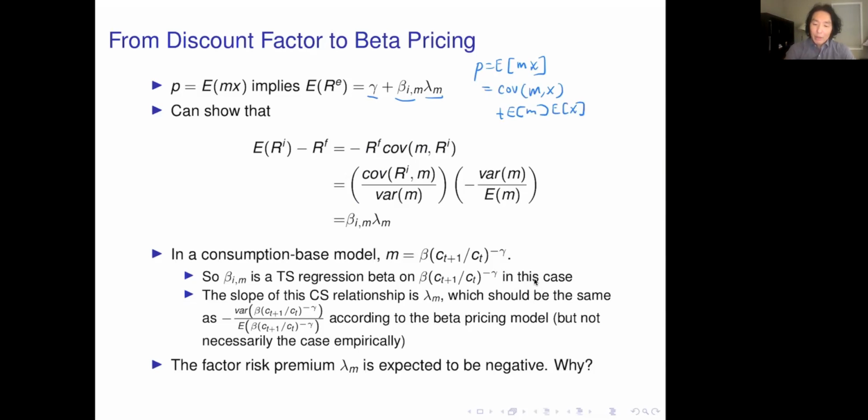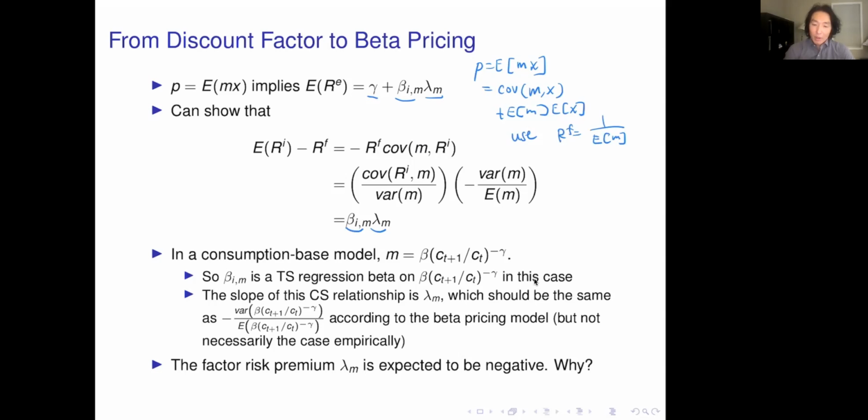And then we use the fact that risk-free rate is 1 over expected value of m, and divide both sides by the price, and then you get the expected excess return in terms of the beta times lambda, where beta is given as the covariance over variance. So this is the usual regression coefficient of the individual returns on the stochastic discount factor.